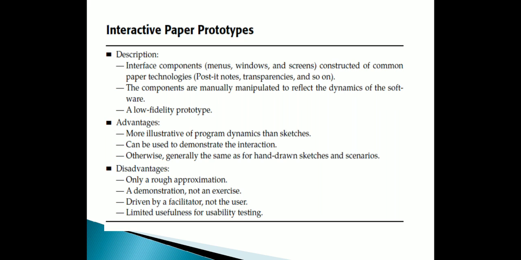Thus, the disadvantages are also similar to those of hand drawn sketches. They are only rough approximations. They are just demonstrations and not exercises, they are driven by facilitators and not the user, and they possess limited usefulness for usability testing.